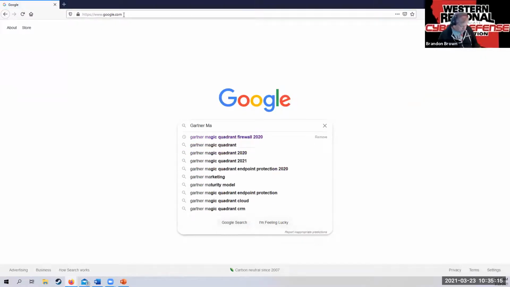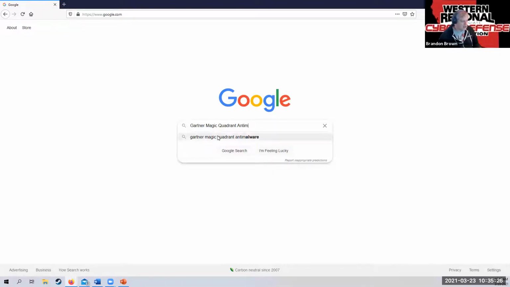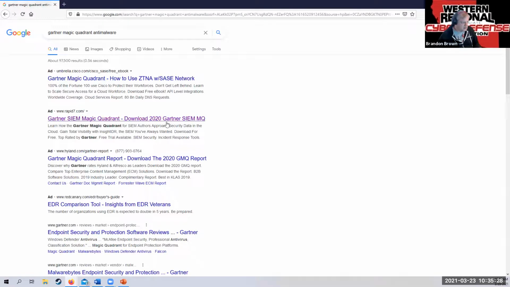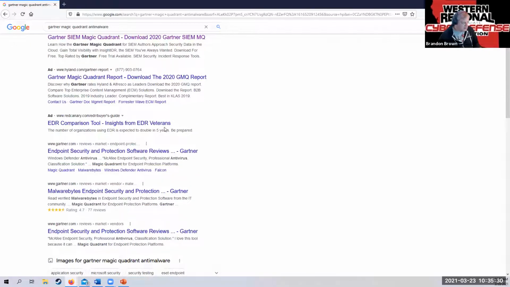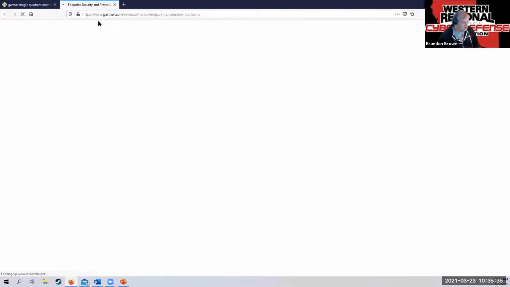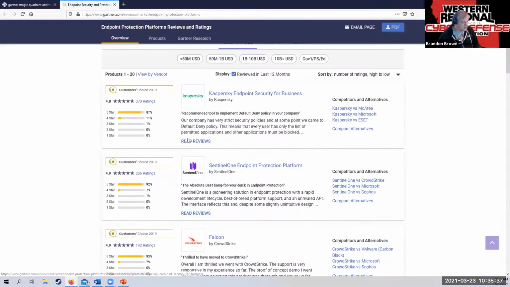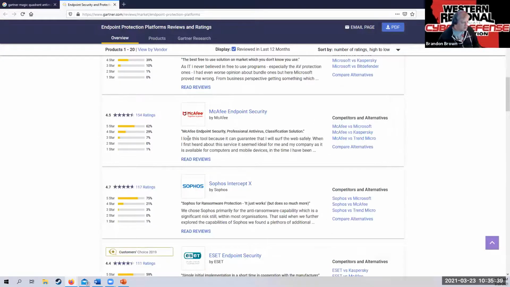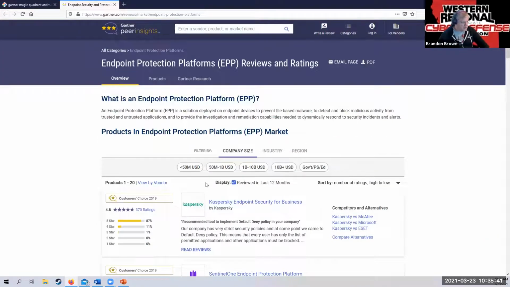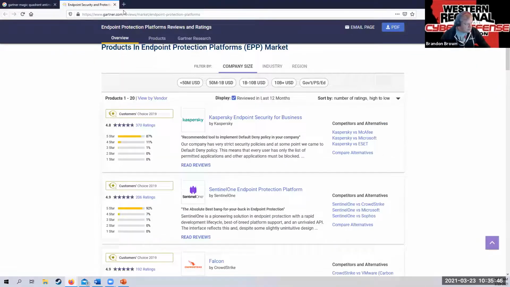Gartner Magic Quadrant anti-malware. Aha. Will it actually show us? Nope.